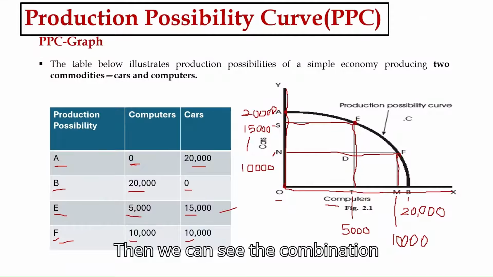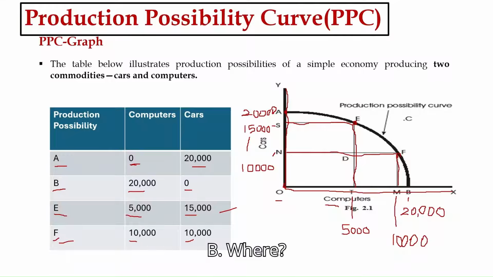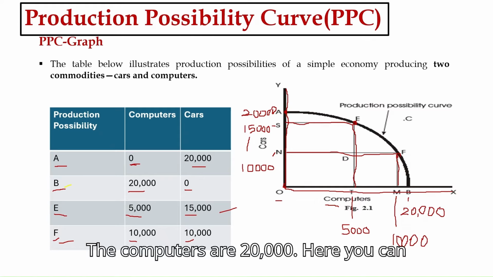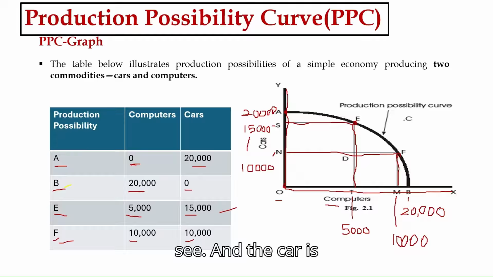Then we can see the combination B, where the computers are 20,000 and the car is 0.